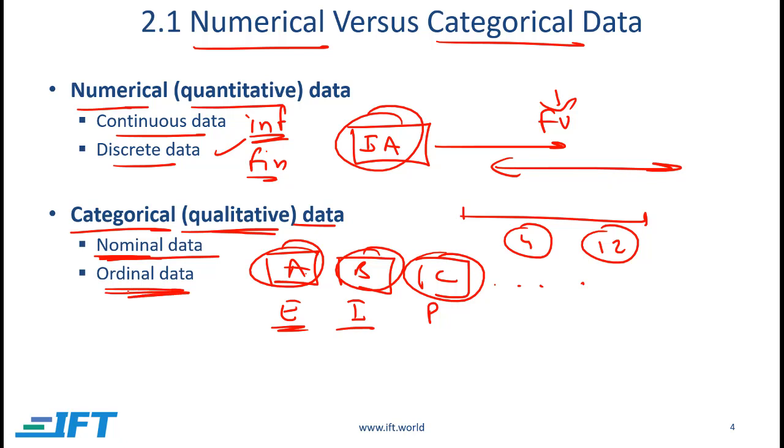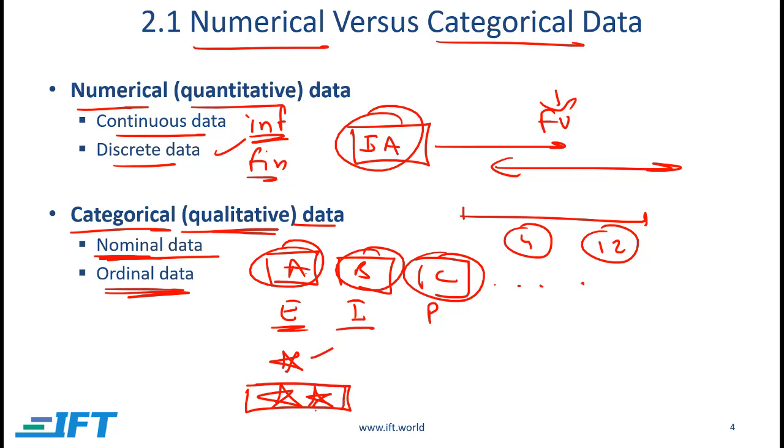Here again, we have categories, but the categories do have an order. For example, if there is a mutual funds rating, we are looking at, let's say, 100 different mutual funds. The worst performing mutual funds get 1 star. Then funds that are better than that get 2 stars. Then we have 3 stars, 4 stars, and up to 5 stars. Now, clearly, a fund that gets a 2-star rating is better than a fund that gets a 1-star rating.